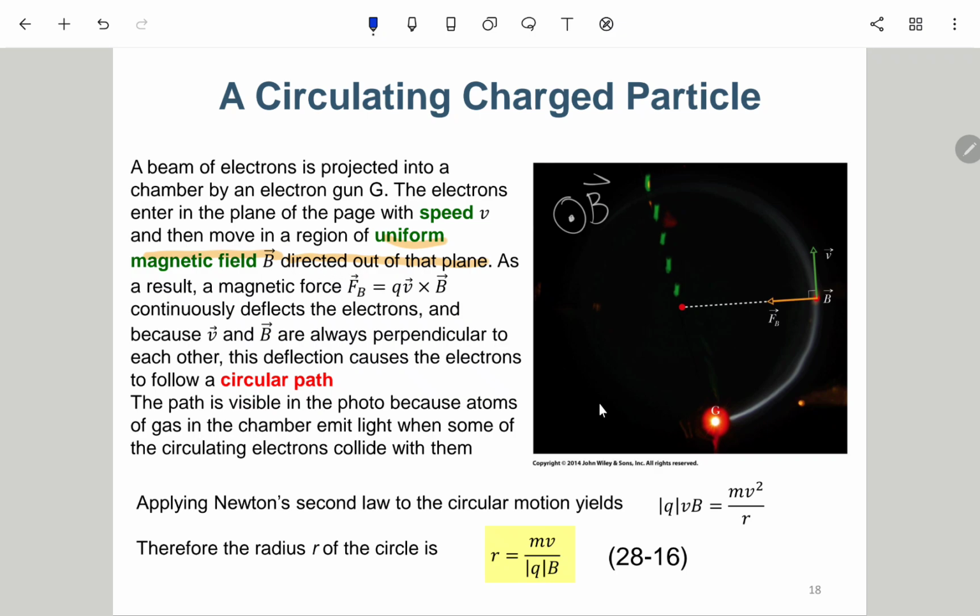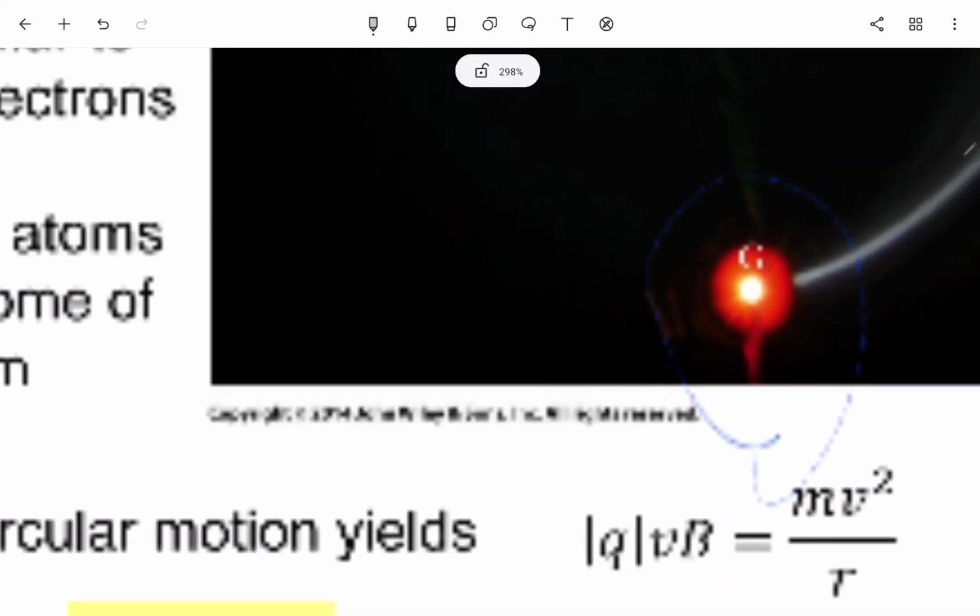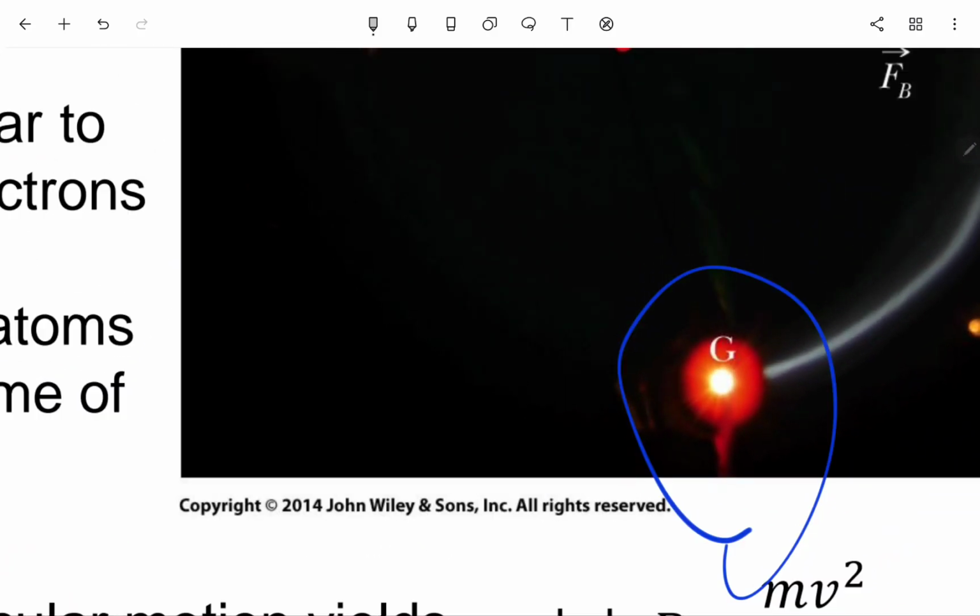Okay, so here we have an electron entering this B field. At the bottom we have a generator. This G is a generator. It tries to shoot an electron, like this direction.